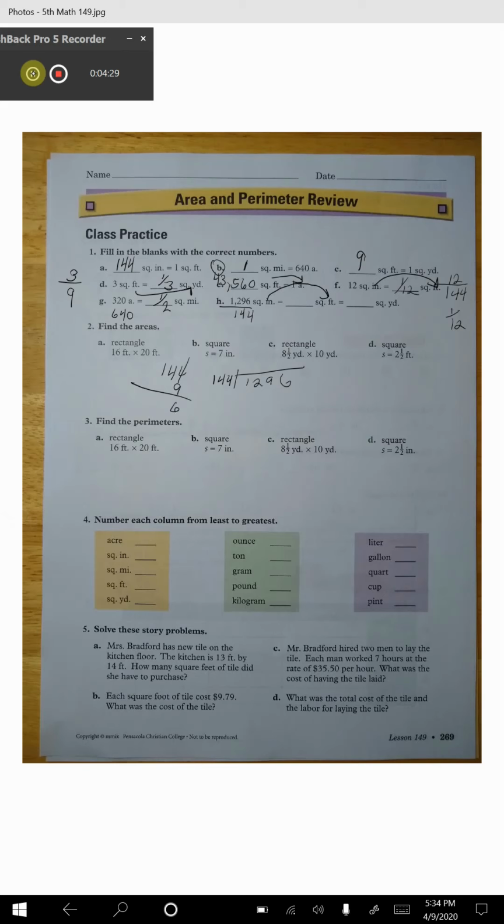Let's do it times 9. Oh, guess what we got? 1,296. So it goes into it perfectly 9 times. So 1,296 square inches is 9 square feet.